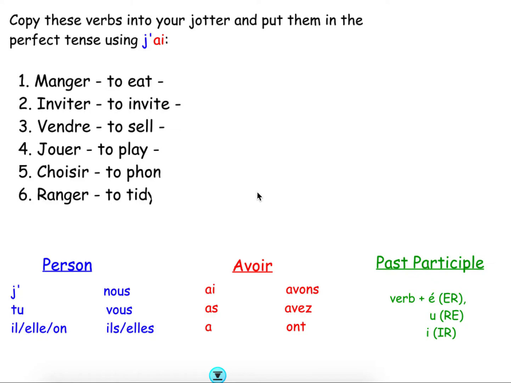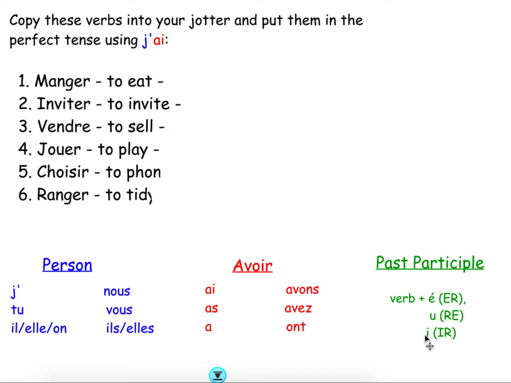We need the person that we're talking about, the correct part of avoir to go with that person, and the correct past participle with the verb. So for our ER verbs, we knew we needed E acute. We took off the ER and we added E acute. We follow exactly the same process for RE and IR verbs, except we just change the letter that we add on the end.